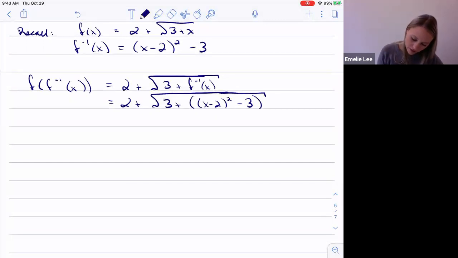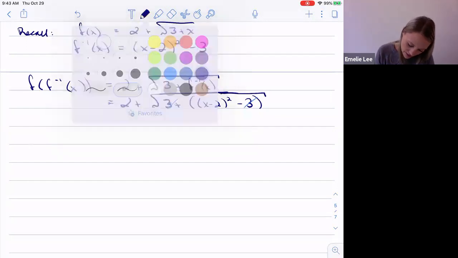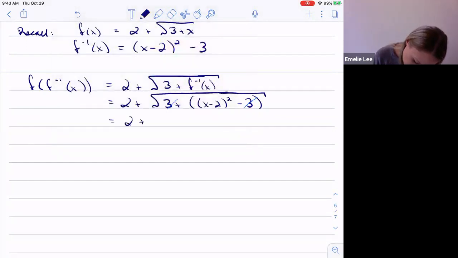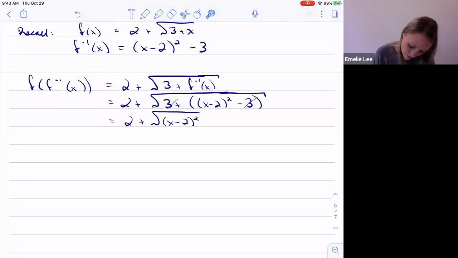So looks good, right? Because I'll be able to cancel: 3 minus 3 is going to go away. So that's going to clear up some of that square root. So now what I've got is 2 plus the root of (x minus 2) squared. Well, the root of (x minus 2) squared, remember exponent laws, right?